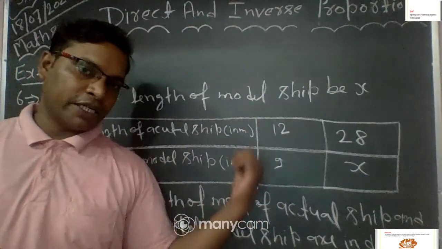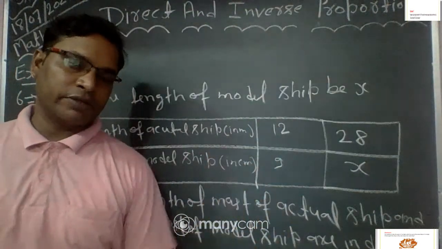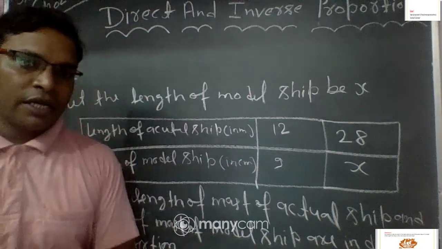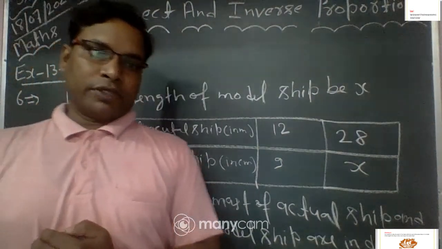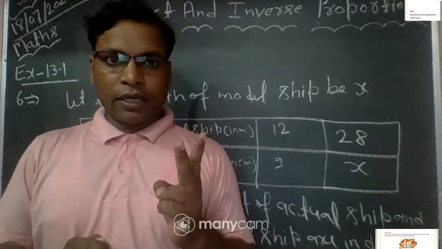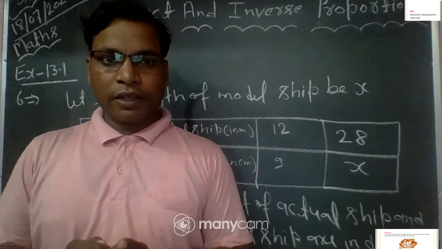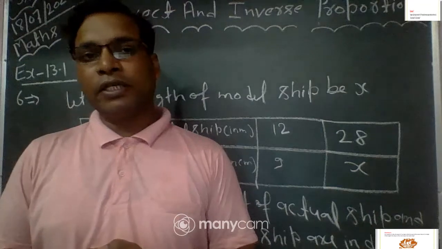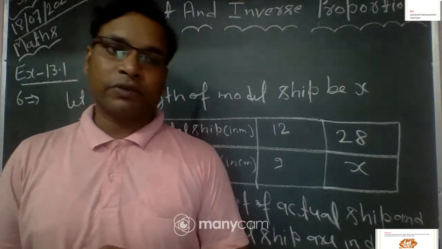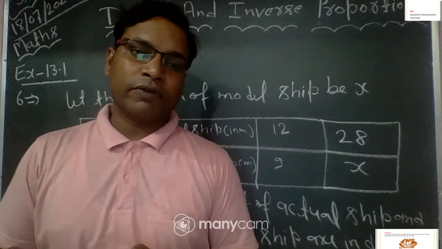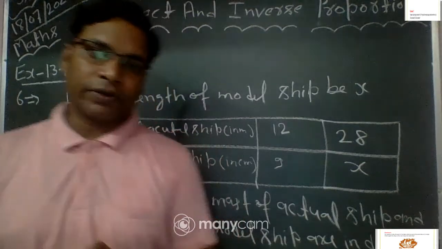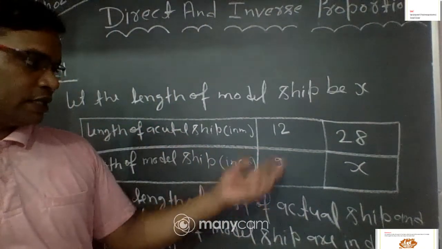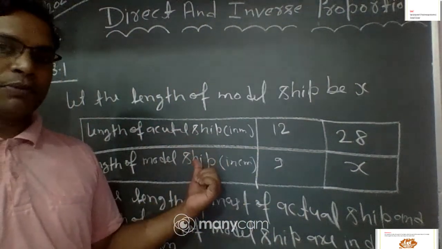If one quantity decreases, then the other quantity also decreases. Okay, in this way we recognize direct proportion. If the first quantity increases, the second quantity also increases. If the first quantity decreases, the second quantity also decreases. So for this, both are in direct proportion.